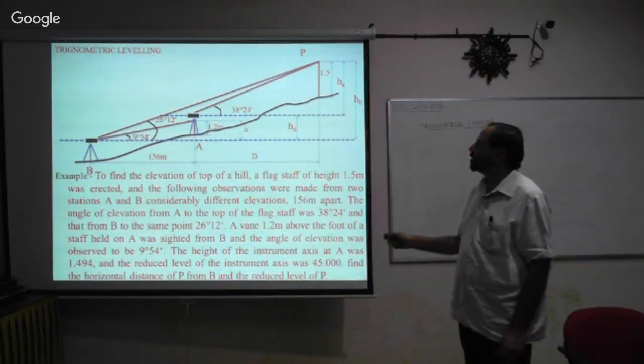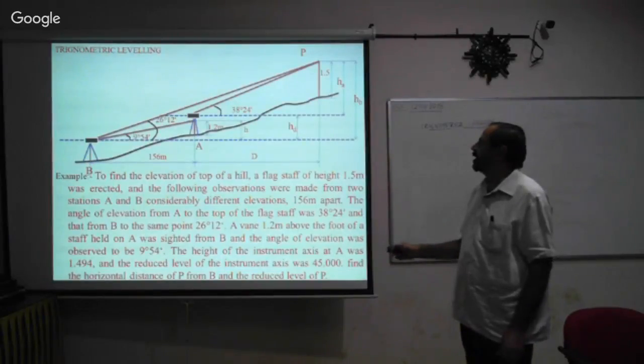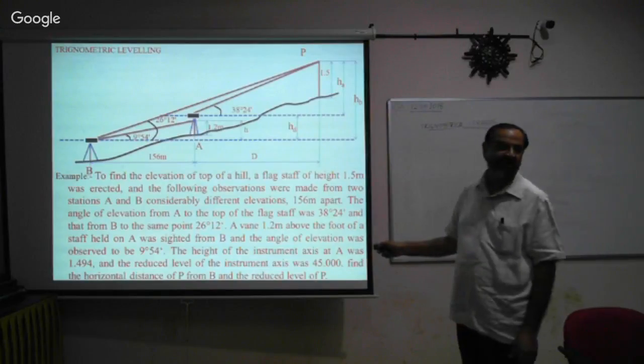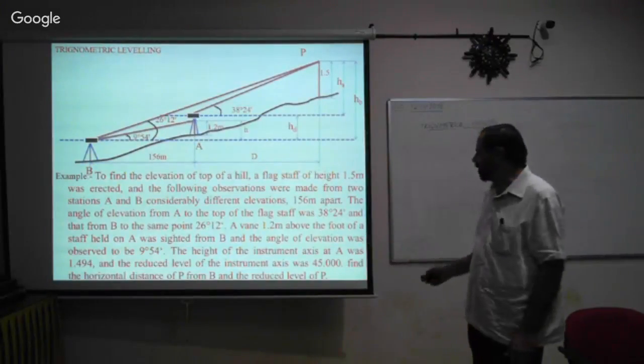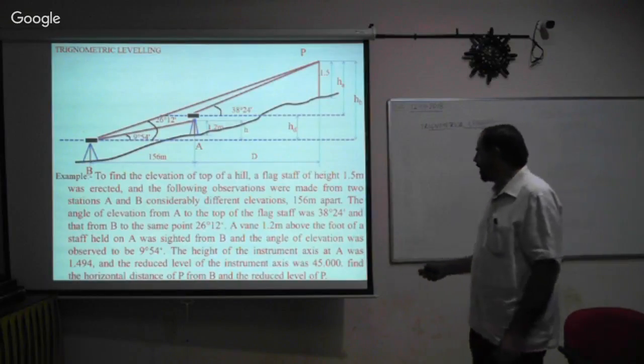After calculating this H, now deduct this 1.2 meter, then we will get the RL of the instrument station A. Then add the height of the instrument HI, which is 1.49 meter.